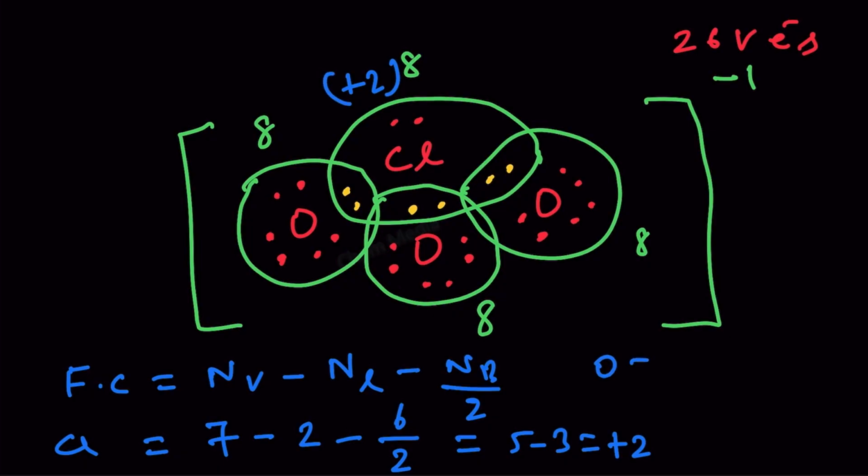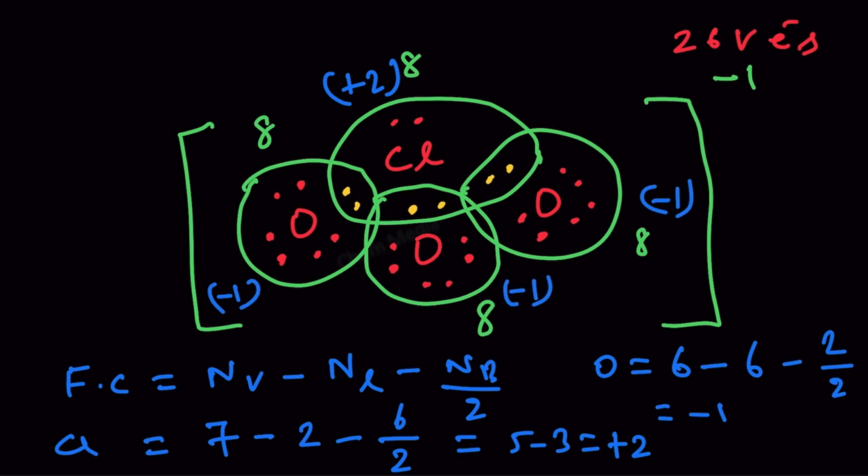If we calculate for oxygen, then it would be 6 valence electrons minus, each oxygen atom has 3 lone pairs, so 6, minus we have 1 bond, and therefore 2 by 2. So this means minus 1. So for each oxygen atom, we have to put the formal charge as minus 1. Even though this accounts for the net charge, because plus 2 minus 3, total we will get minus 1.